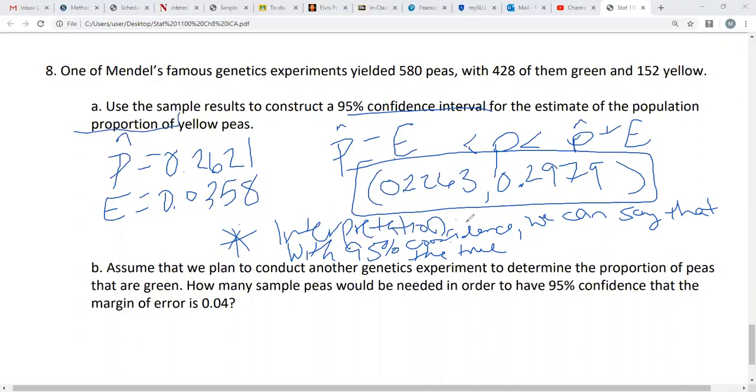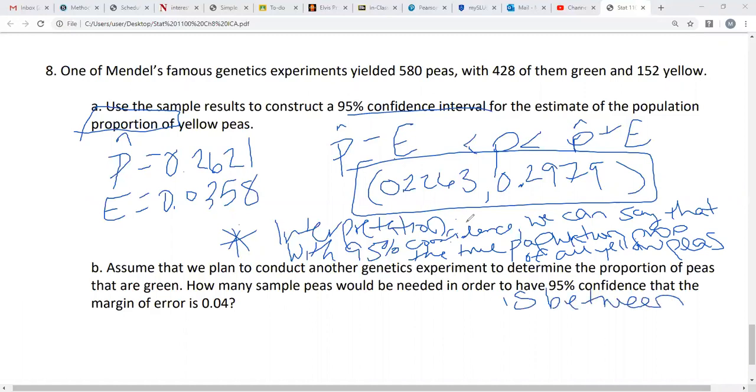So here we're talking about the proportion. So we would say that the true population proportion of yellow, or of all yellow P, is between the two values that we had in our confidence interval.